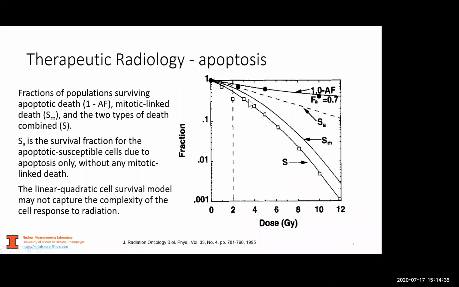In this graph in particular, you see the deaths due to the two processes, the mitotic link process and the apoptotic process, which we just mentioned. And overall, they all contribute to this final curve here. So the higher the dose, obviously, the more cells will die and the survival fraction will decrease.